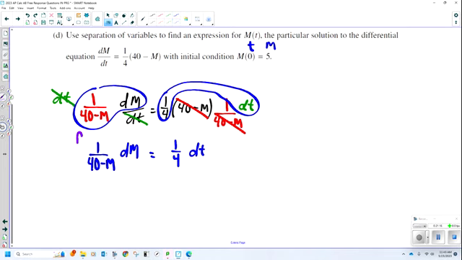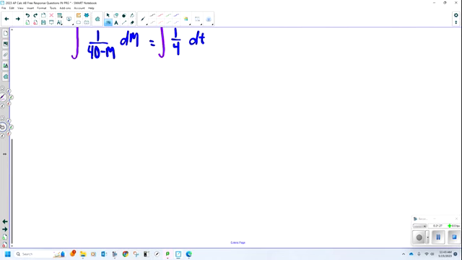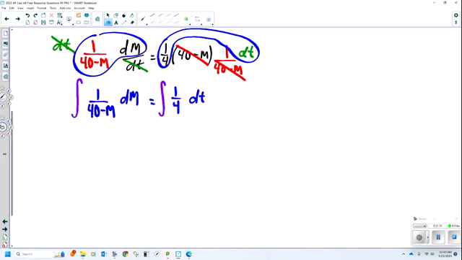All right, I have got to integrate both sides. I integrate this side, and I integrate this side. Now, if you know your rules of derivatives, you should know your rules with integrals, especially with natural log. Okay, this left side becomes the natural log of 40 minus M, but it's negative.